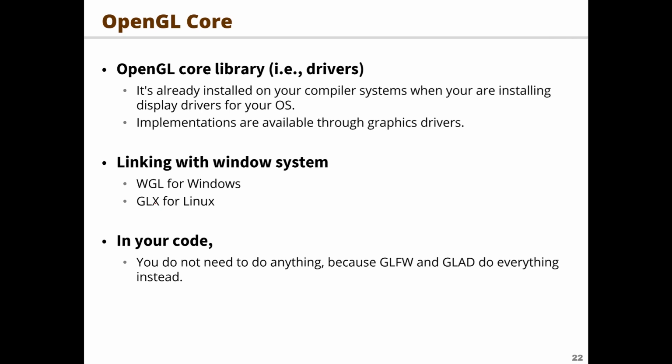To summarize, in your code you don't need to do anything for the OpenGL installation. GLFW and GLAD do everything instead. Just include GLFW and GLAD, and they will do everything you need for the OpenGL core.